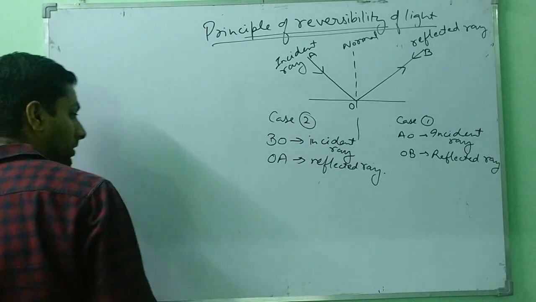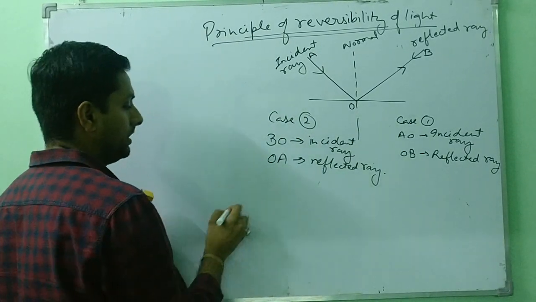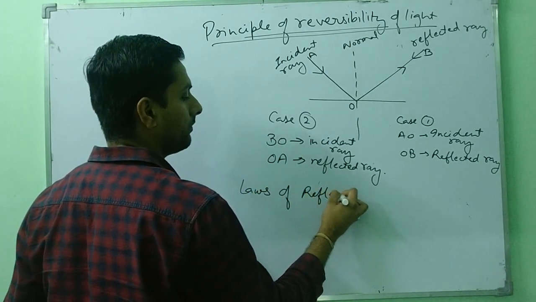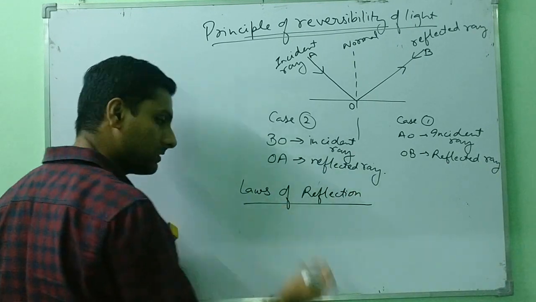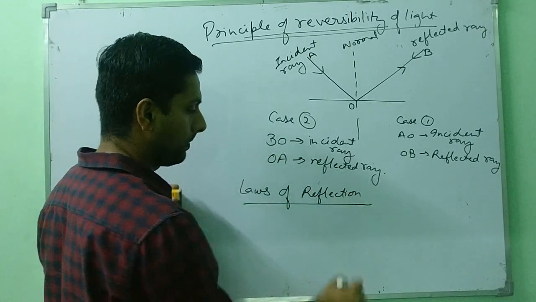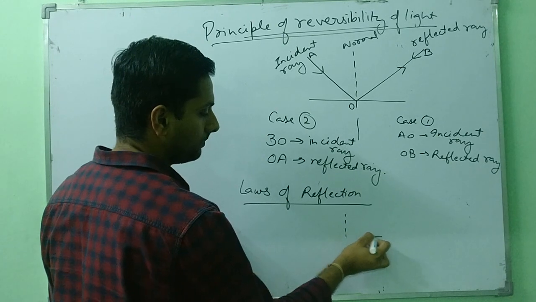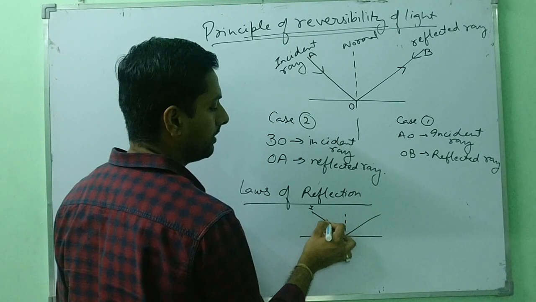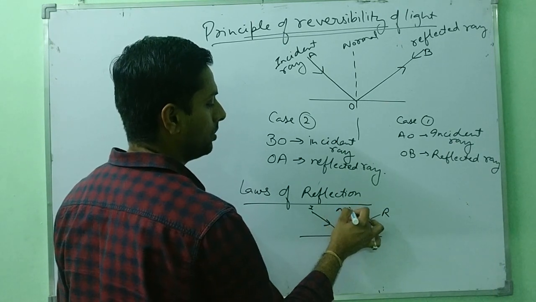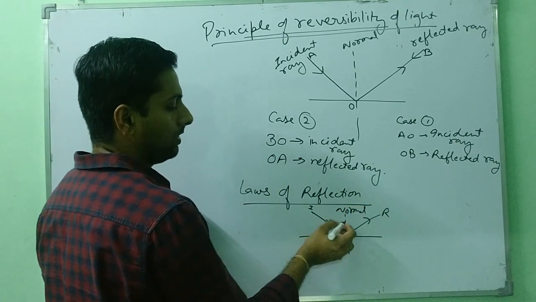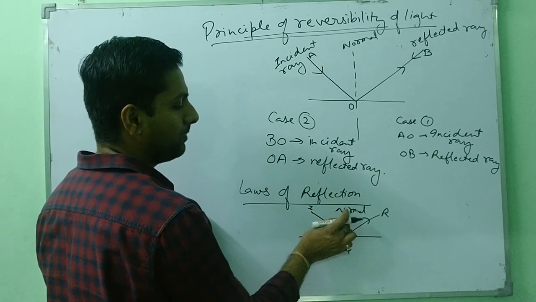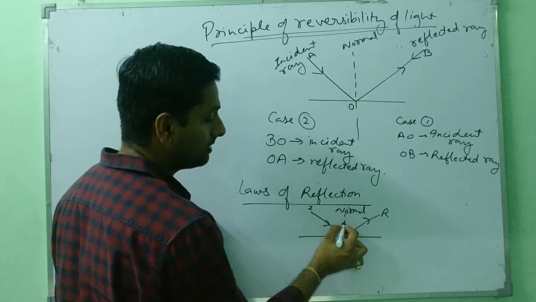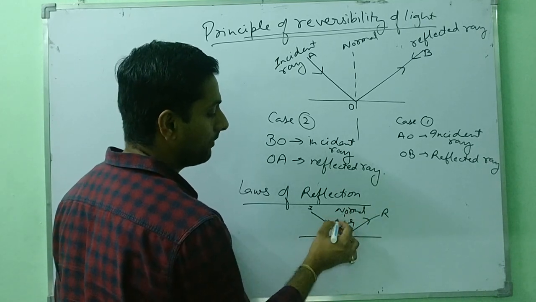Now, along with the principle of reversibility, we should learn the laws of reflection, because in the coming sections it will be very beneficial. It says that when you talk about the incident ray, the reflected ray and the normal, the angle of incidence is made between the normal and the incident ray, and the angle of reflection is made between the normal and the reflected ray.